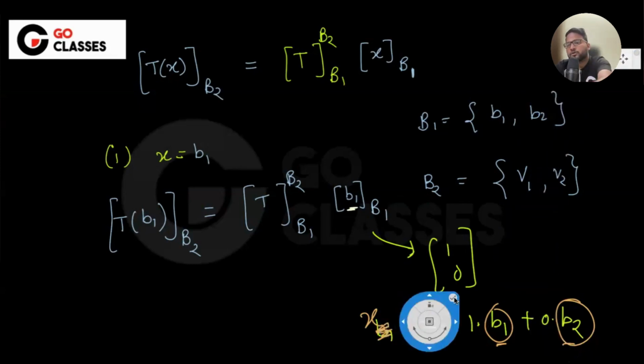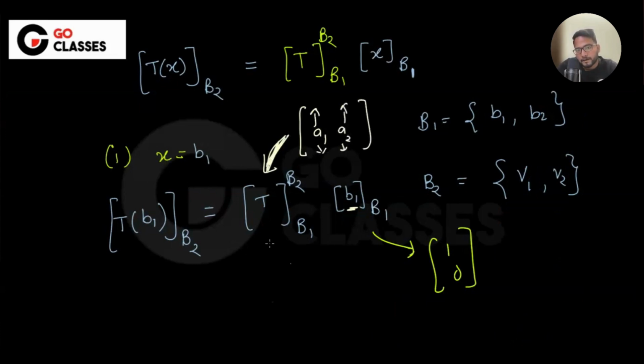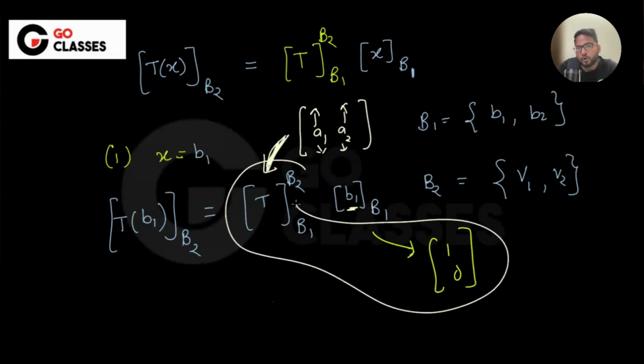So here you can say that finally, if you are putting x equal to b1, then it is coming out to be, let's suppose this matrix, which is a mystery for now, is A1, A2. Then can you tell me, if you multiply this with 1, 0, what you will be getting?